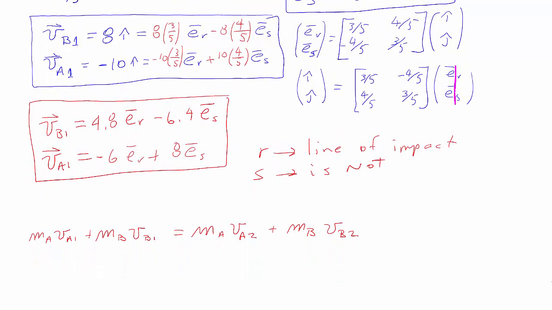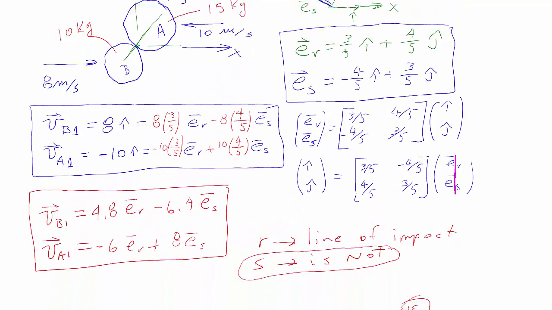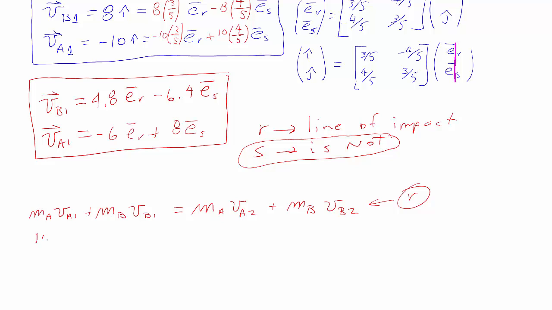Now, it turns out that the impact equation is in the R direction. So let's go ahead and strip out these R components, and we will just simply deal with S afterwards. So here we go. A was the big one, right? A was the 15. So you got 15 times velocity A before.